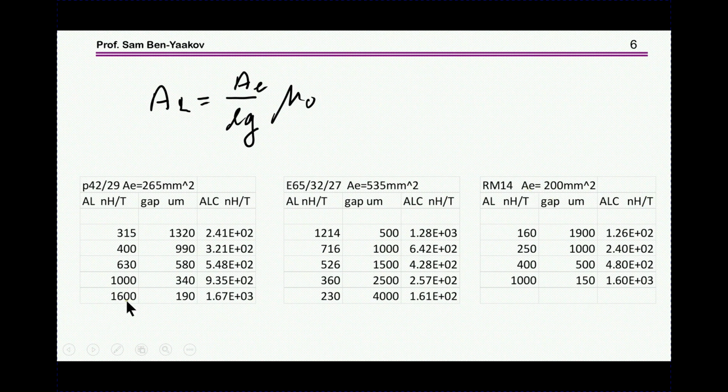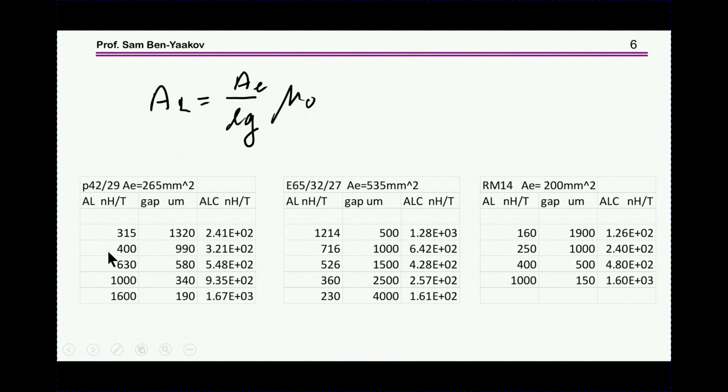And from the data sheet, I got the value of A sub L for different gaps. These are the gaps in micrometers. So this is 1.3 millimeter. It goes from 1.3 millimeter to 0.19. So this is the value given in the data sheet, and this is the calculated one.